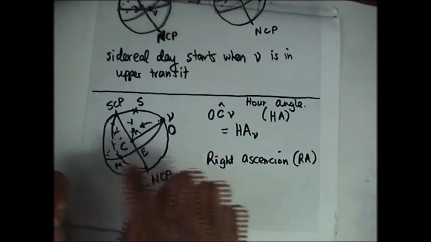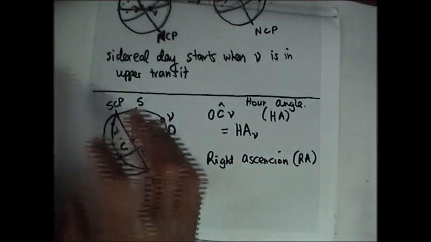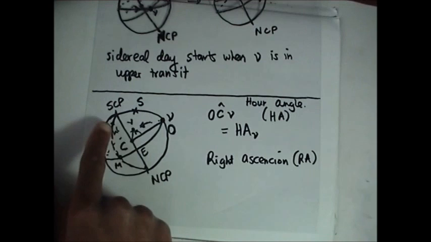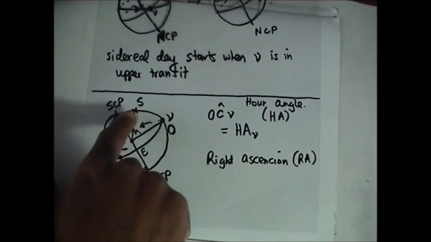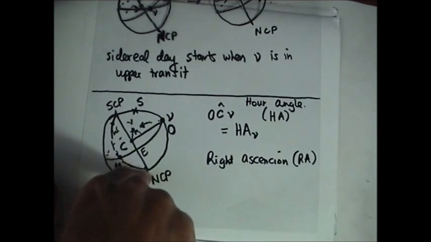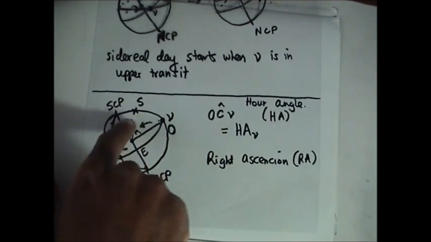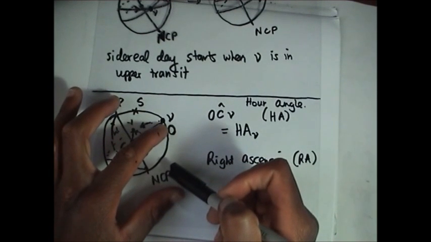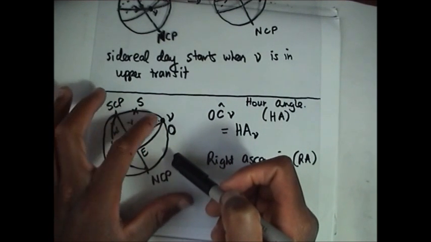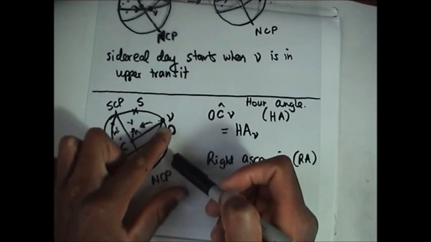But as it rotated, this was one particular point in time. As the celestial sphere rotated, this hour circle also moved, up until when the star is now in upper transit, which means the hour circle is now coinciding with the celestial meridian on this side. So now we are going to measure VCM. Our M is now coinciding with the origin, because that is where the hour circle is cutting the celestial equator.